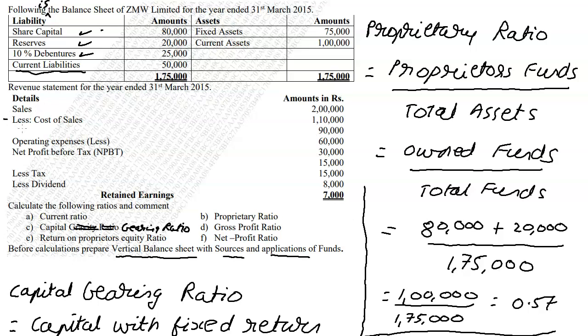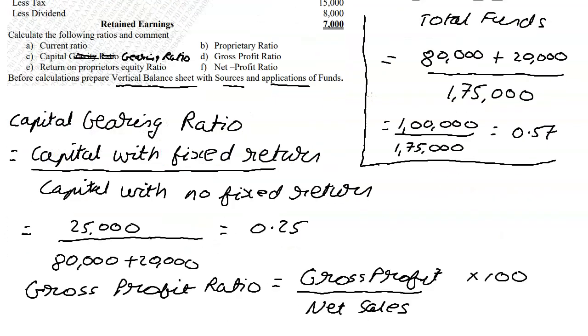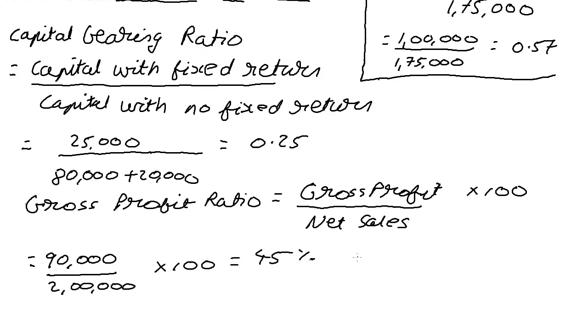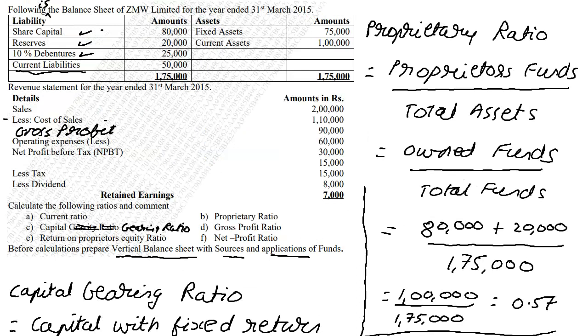Always remember, sales minus cost of goods sold gives you gross profit. So gross profit is given to us on a platter. We have 90,000. Net sales is 2 lakhs. So it's going to be 90,000 upon 2 lakhs into 100. Do it on the calculator, you get 45%. So we can say, therefore, gross profit is equal to 45%.